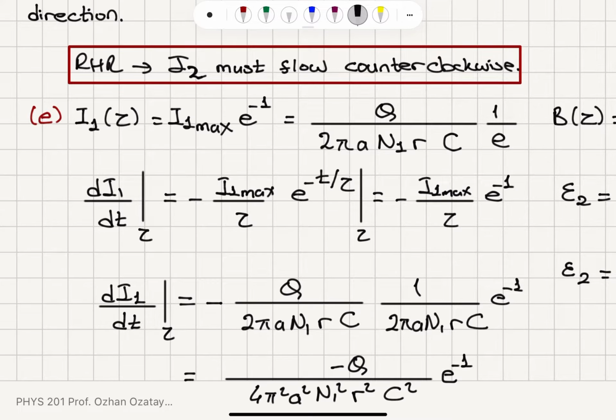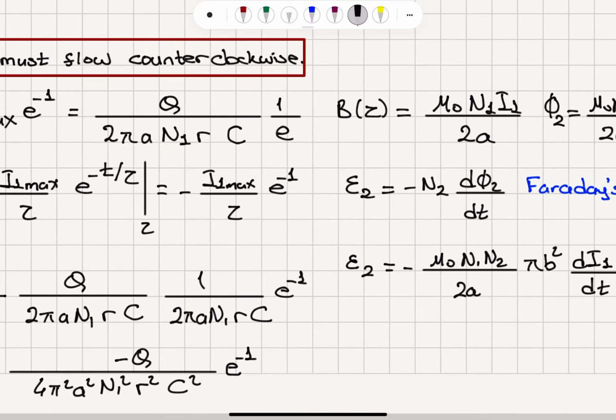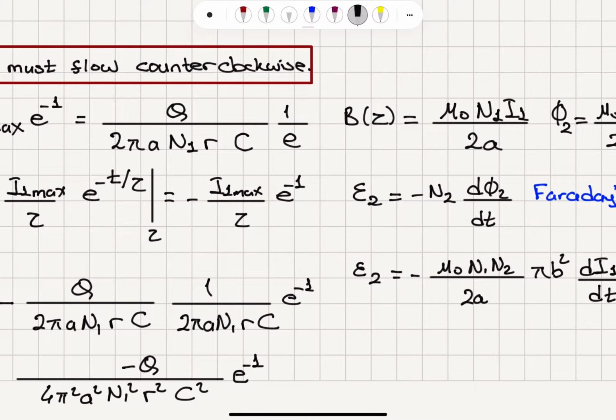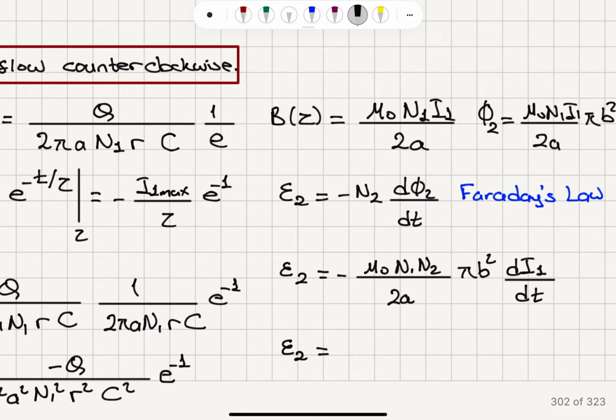Okay, so substituting this result for di1/dt, I can calculate the induced EMF in the smaller coil. That will be 2 minus signs here, 1 minus sign here, 1 minus sign here. They will become plus.